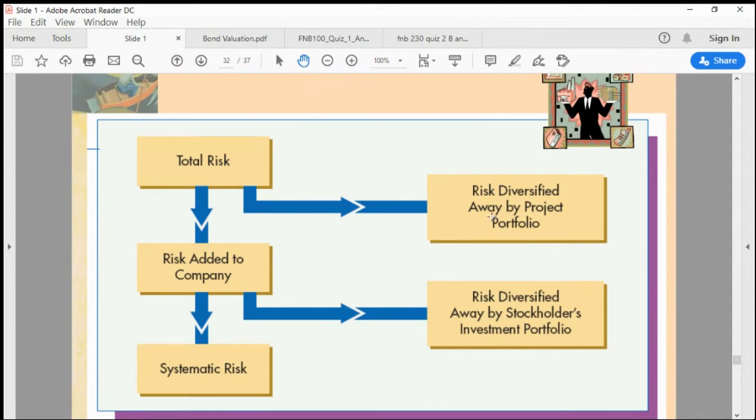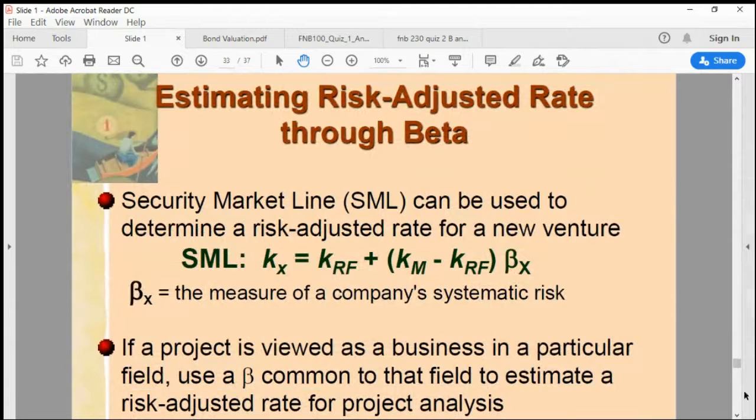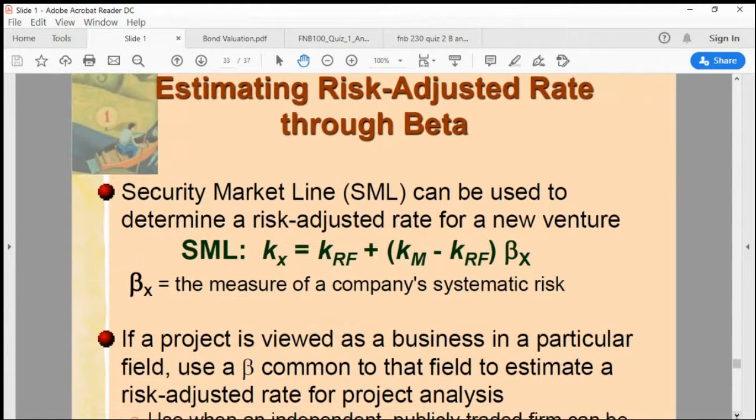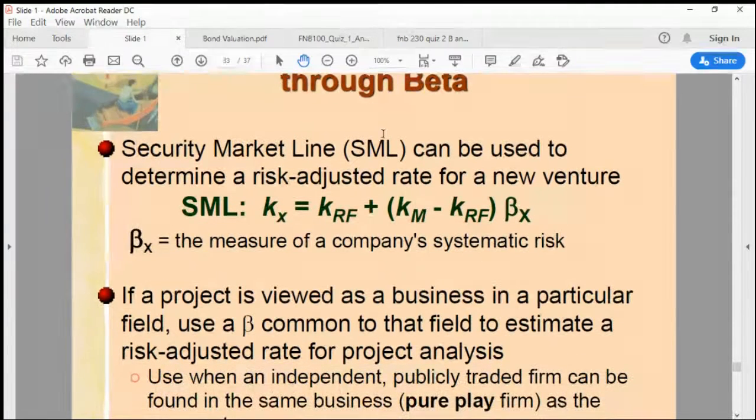And part of which is diversified away by the company's project portfolio, and additional risk is diversified away by the stockholders' investment portfolio. And we're not going to go over CAPM again, the security market line, which is basically the theory behind CAPM and beta, right?